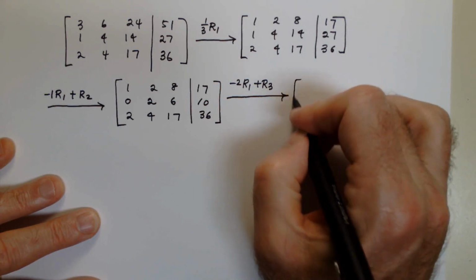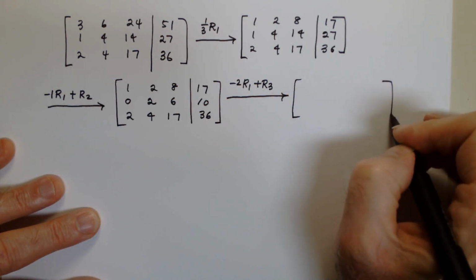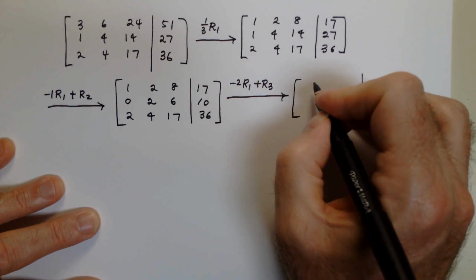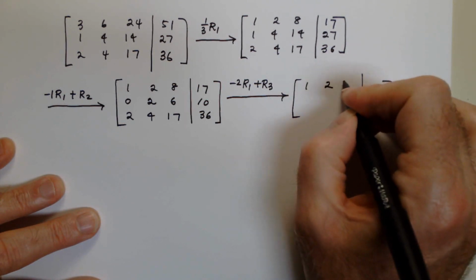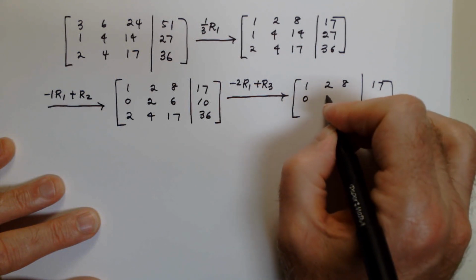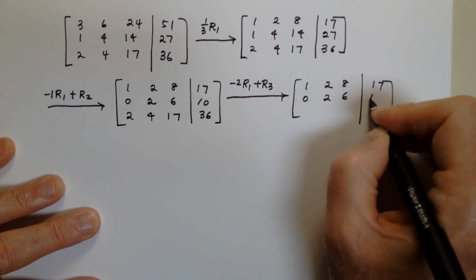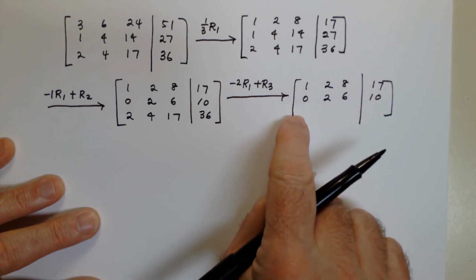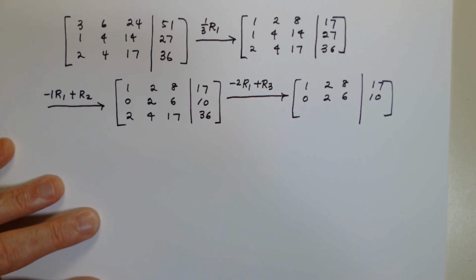So I'm going to rewrite those rows right away. But I am going to see a change in row 3 according to this recipe. So I have to take row 1, multiply it by negative 2, and add that on to row 3.